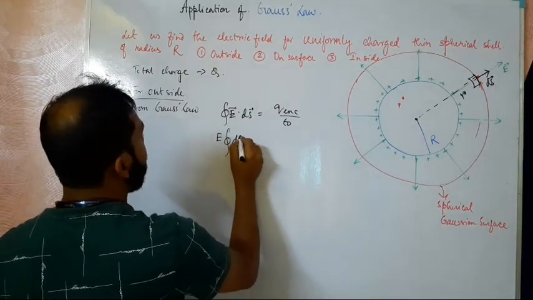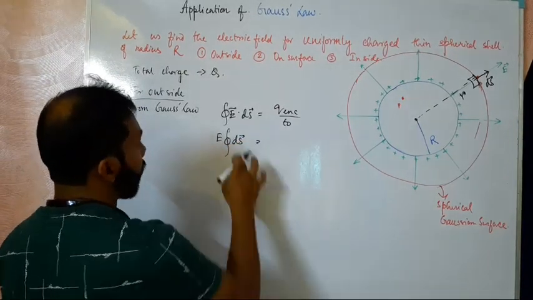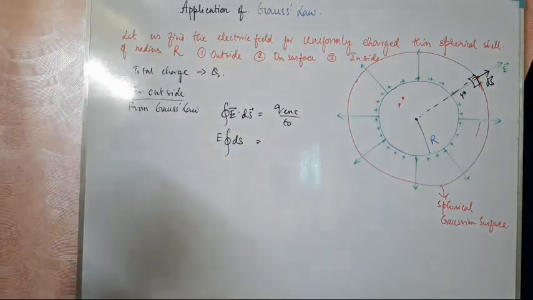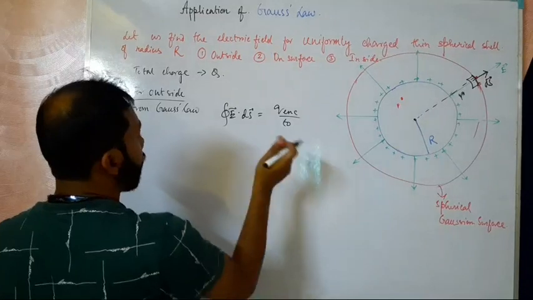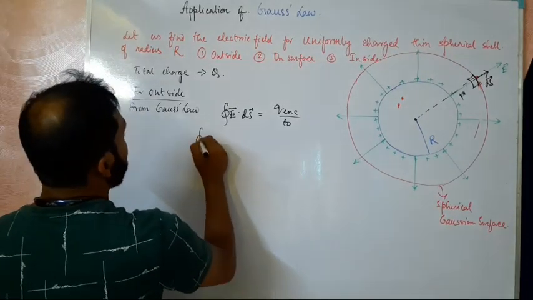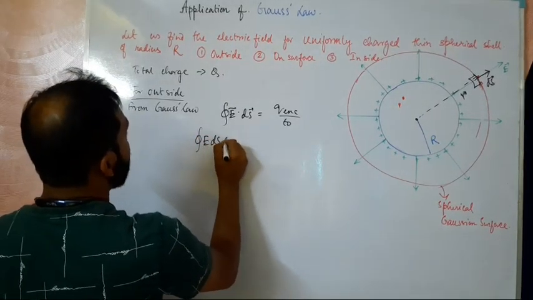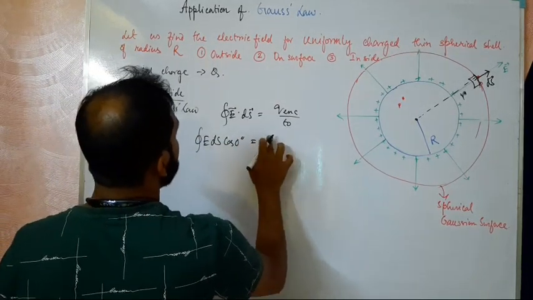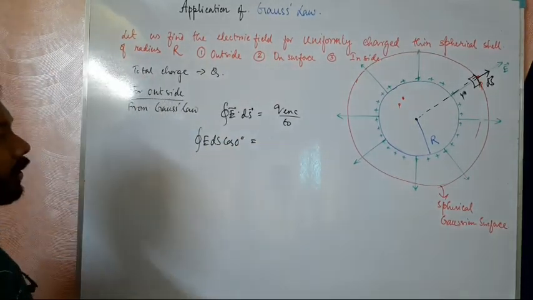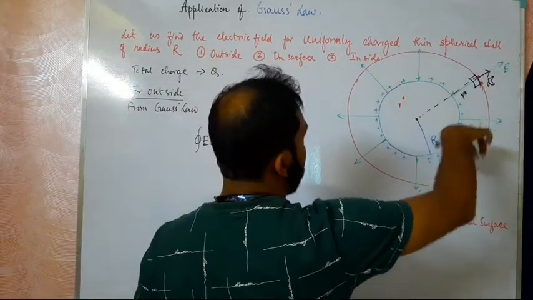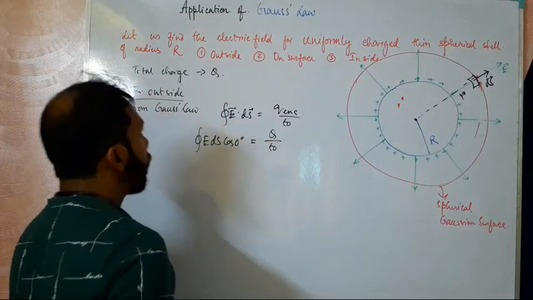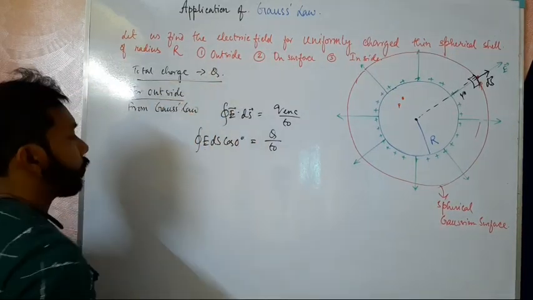Of course, E dot dS becomes E dS cos 0 degree, since the angle between them is 0 degrees. What is q enclosed? It is the total charge enclosed by the Gaussian surface, which is the total charge Q. So q enclosed by epsilon naught is Q by epsilon naught.